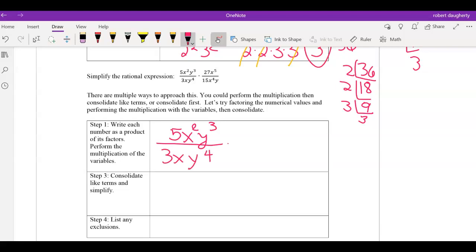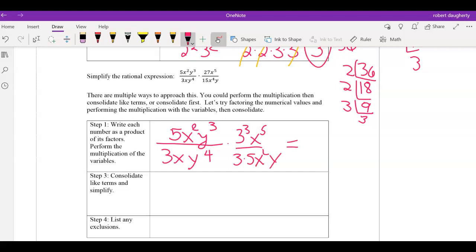So what is 27? Remember 27 is 3 cubed. So 3 cubed x to the 5th over 15, which is what? 3 times 5 x to the 4th y.